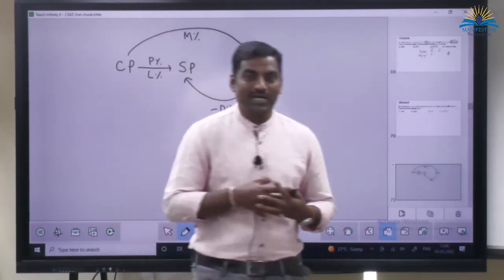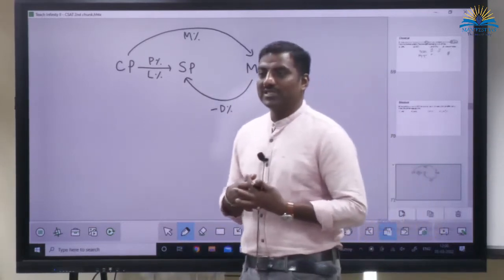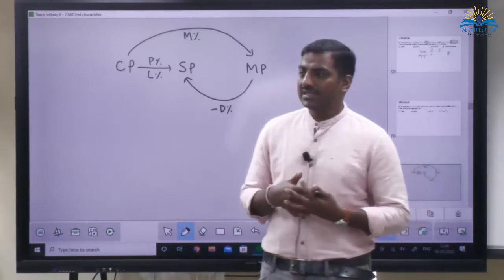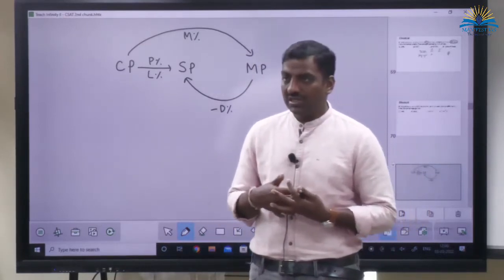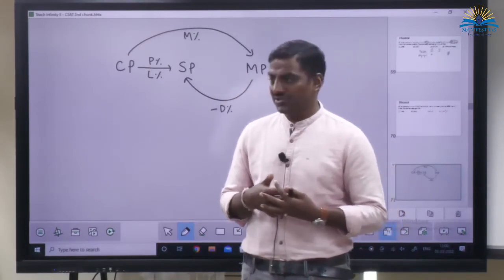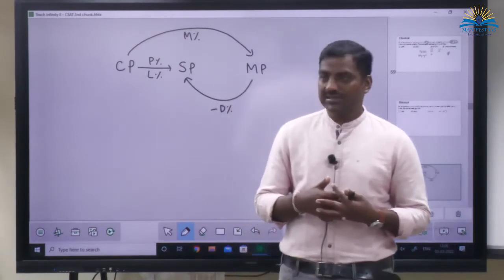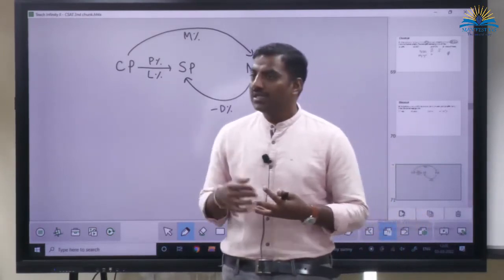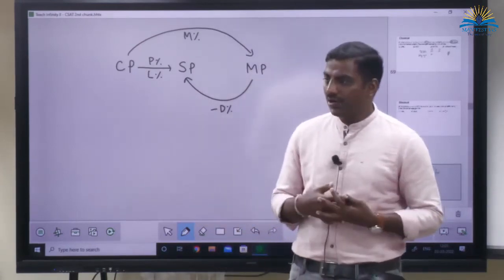Why was diesel given subsidy? Especially our agriculture activities and all kinds of business activities, especially transportation, depend upon diesel, not petrol. Because heavy goods are usually carried by diesel vehicles. So that is why there was a regulation on diesel. But now even that has been deregulated.